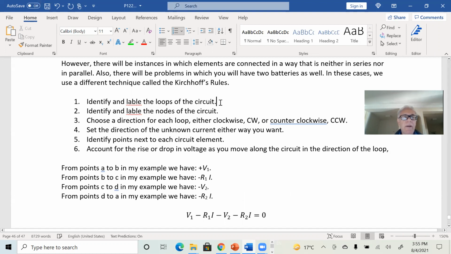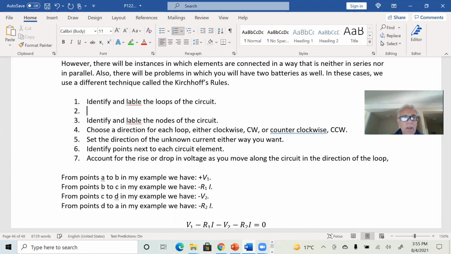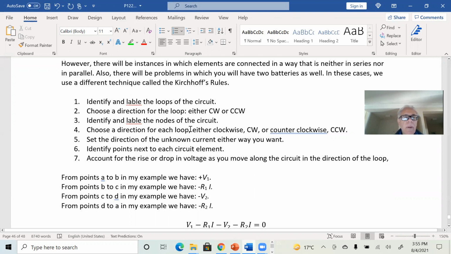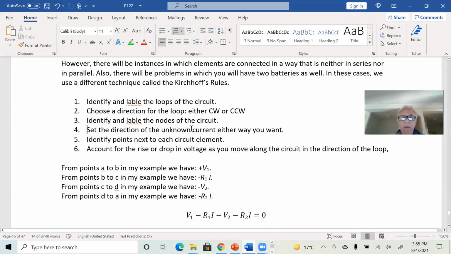Okay, in this case here, one more step that I should put here: choose a direction for the loop, either clockwise or counterclockwise. Identify and label the nodes of the circuit.